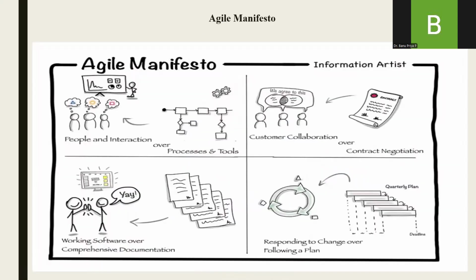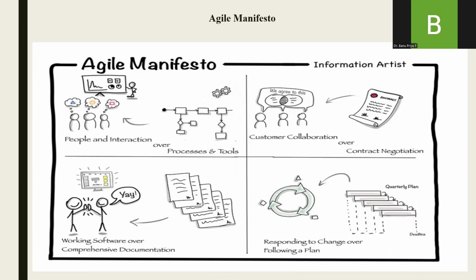So if you look at the Agile Manifesto, the first manifesto is people and interaction over process and tools. Taking care of the process and tools is important, but more important than that is the interaction between your customer and the team. The next manifesto is customer collaboration over contract negotiation.